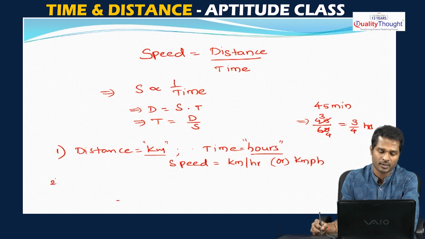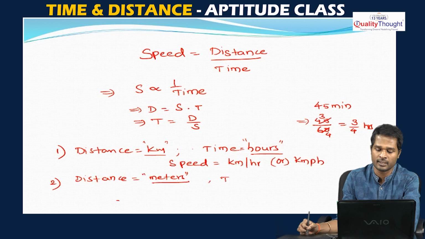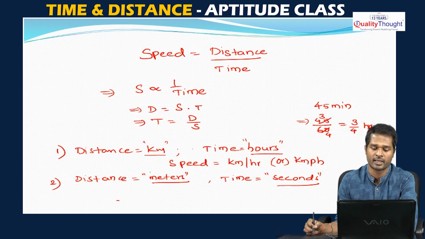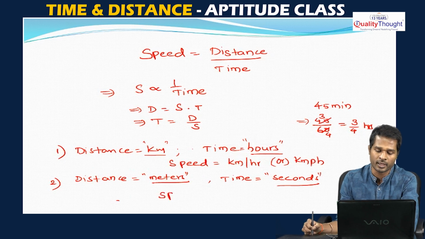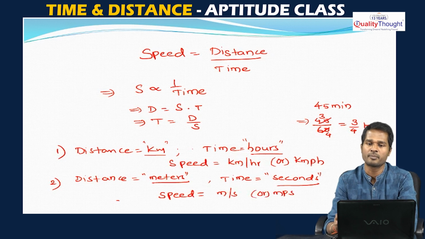The second thing: when the distance is given in meters, then the time should be taken in seconds. So the speed will be measured as meters per second, or we also write it as mps, which can be read as meters per second.